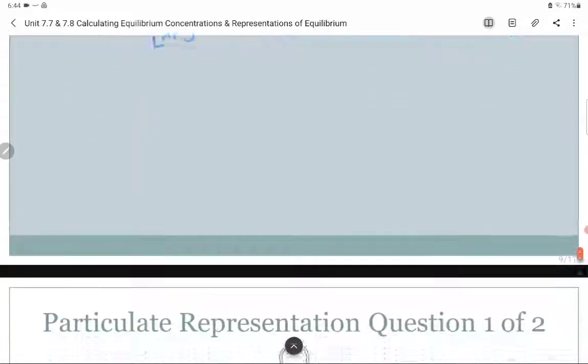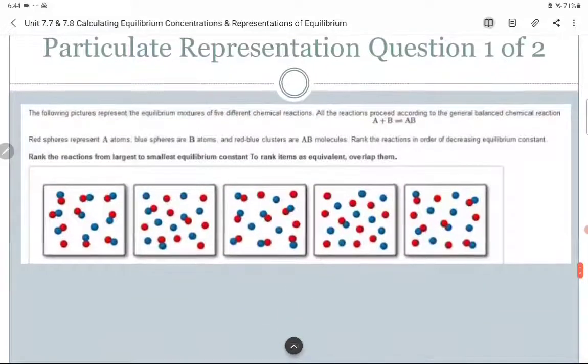We have a couple more quick questions here. The AP folks are starting to introduce these particle diagrams. And particle diagrams should not be any harder than our mathematics that we've been doing previously.